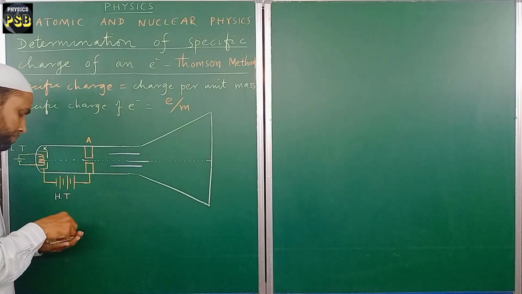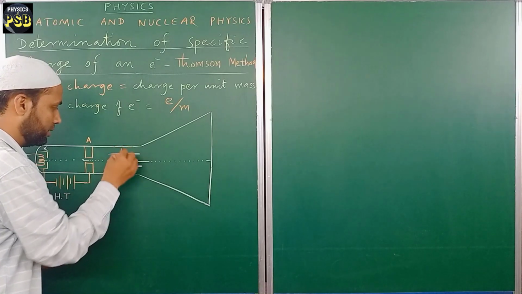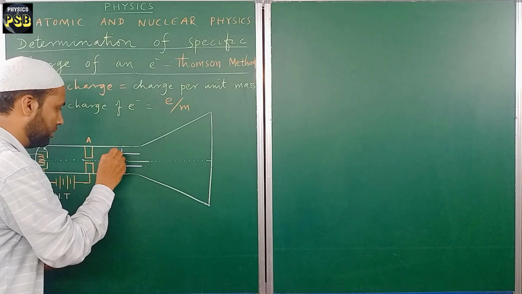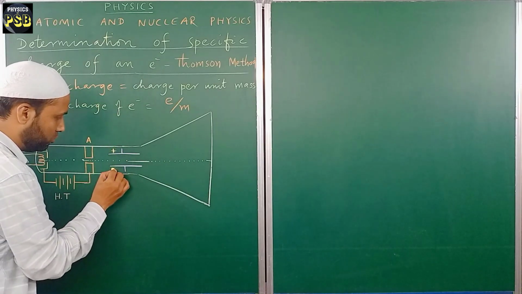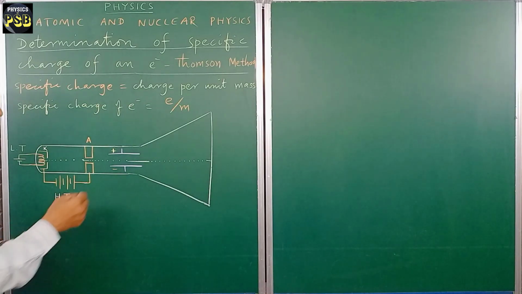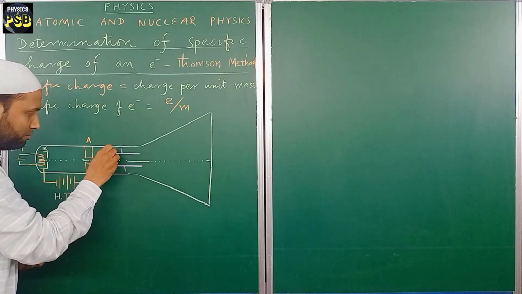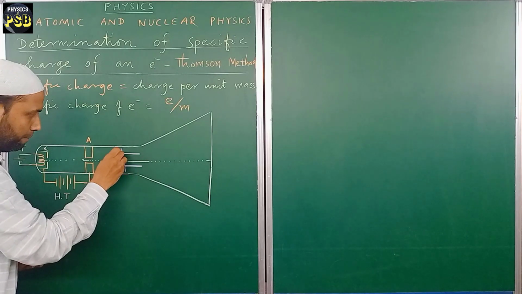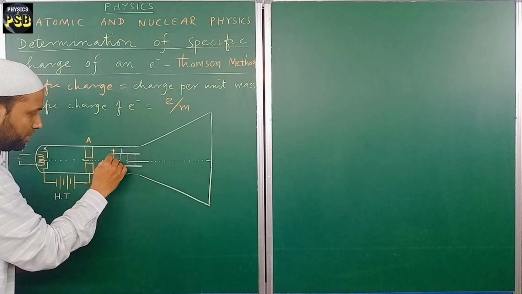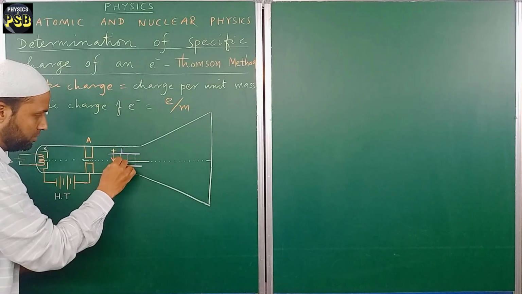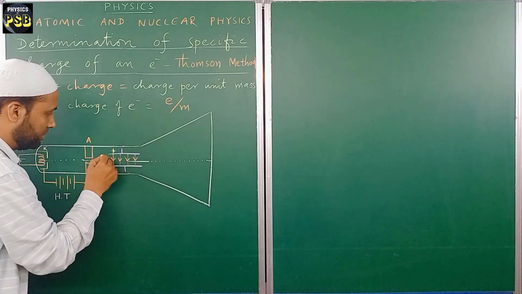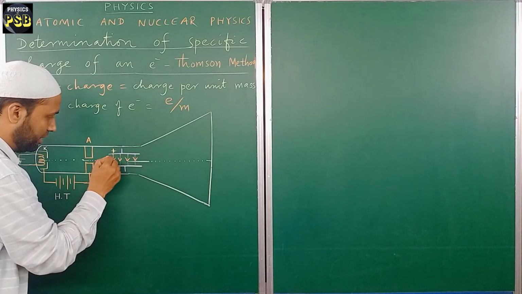Suppose this upper plate is connected to positive terminal, and the lower plate is connected to negative terminal, it will produce electric field which will act from upper to lower plate. This arrow mark represents the direction of electric field. Let's say I represent the electric field by letter E.